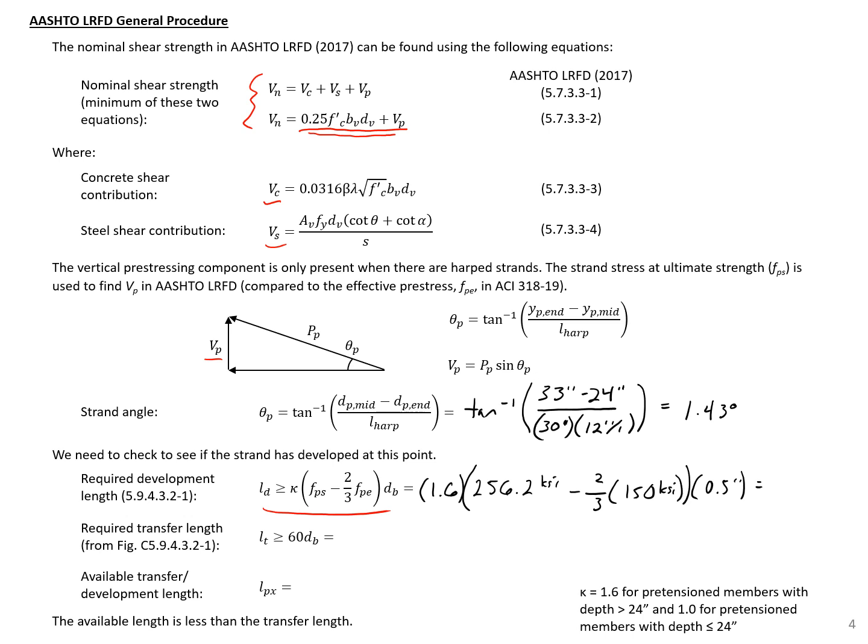So we'll get a development length here of 132.2 inches. Our transfer length we can find from the figure in AASHTO, and we'll get a transfer length of 60 times our strand diameter, 1/2 inch, which will be 30 inches.